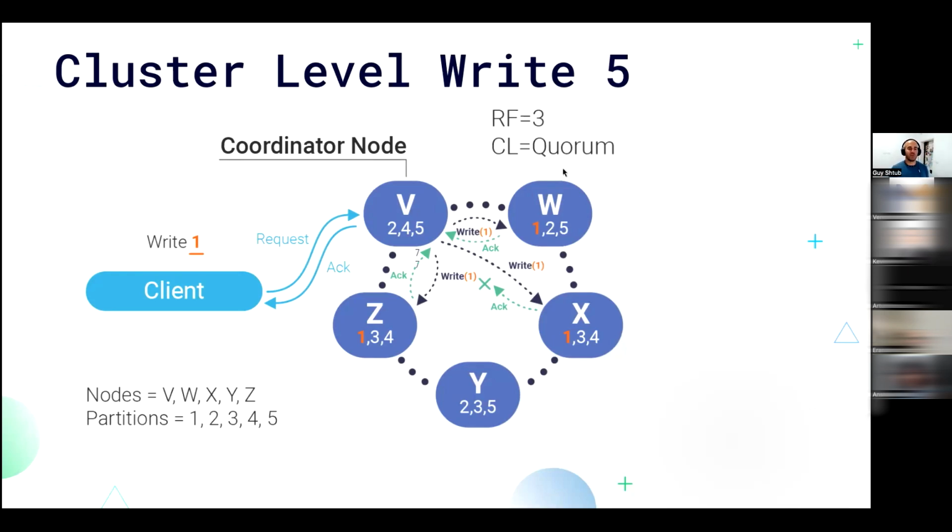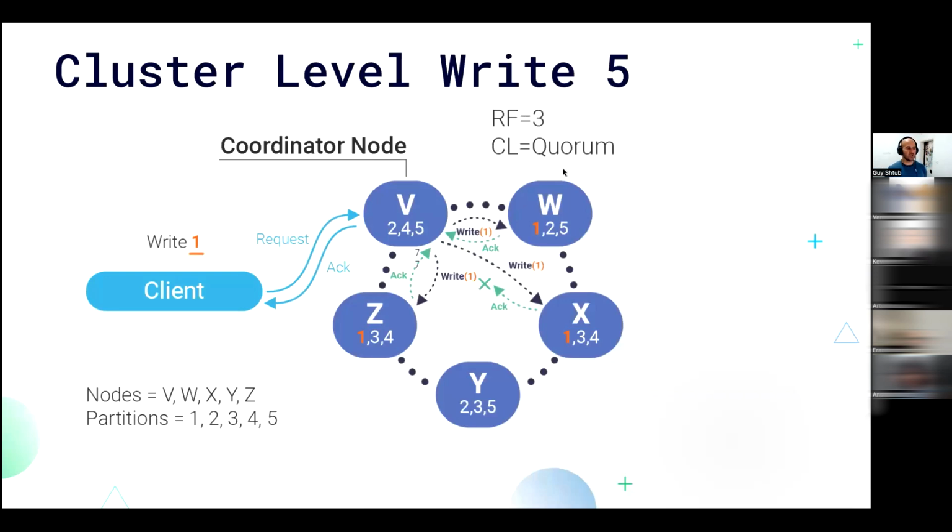Are you asking about picking the coordinator node that the client asks to write the data, or are you asking about which are the replica nodes? ACK stands for acknowledgement. So just acknowledging the request, and it's not a stupid question, and I'm happy that you asked it.